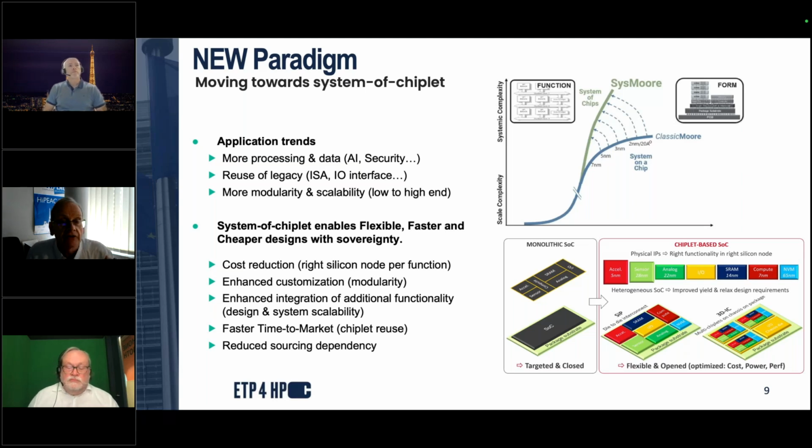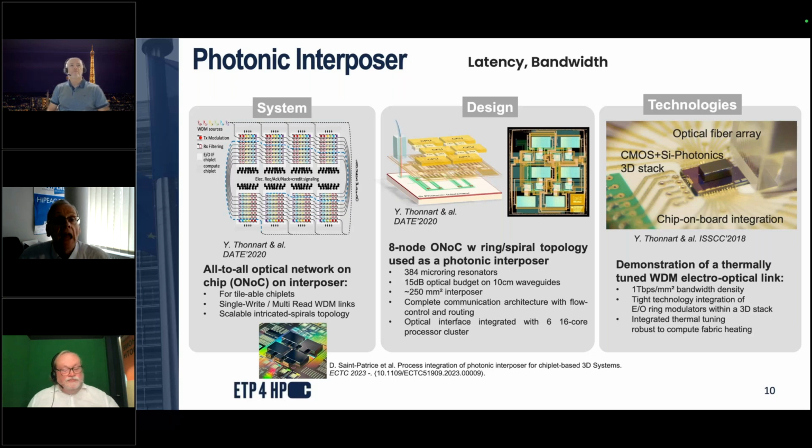That means on the hardware having more NICs, network interfaces, and also better bandwidth for the communication. And this is also possible because the chiplet could be in silicon, but it could also use photonics to be more efficient in terms of latency and bandwidth of communication between these chiplets.